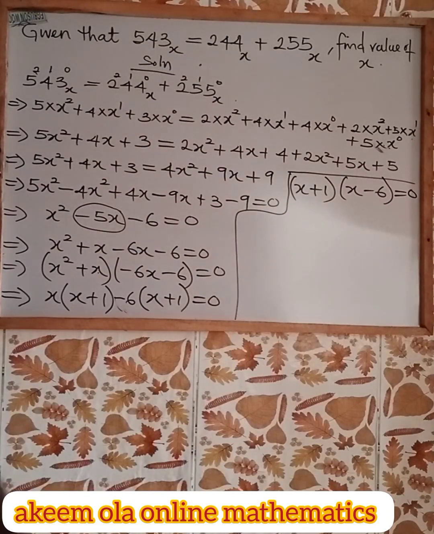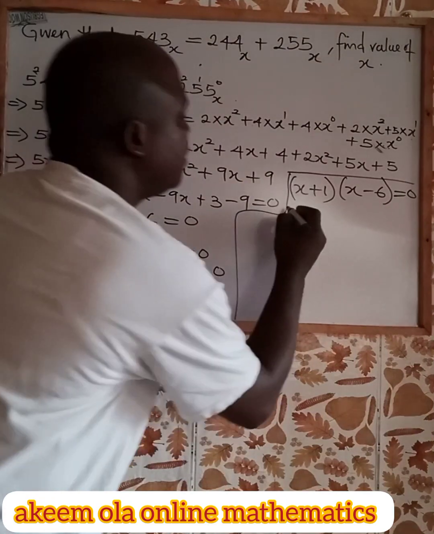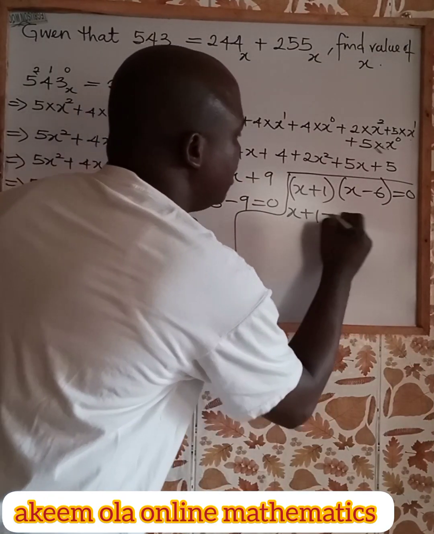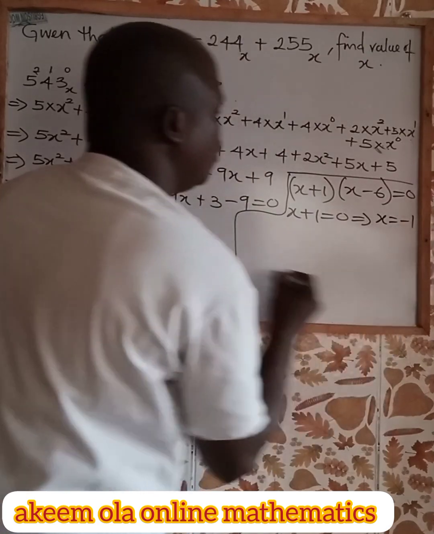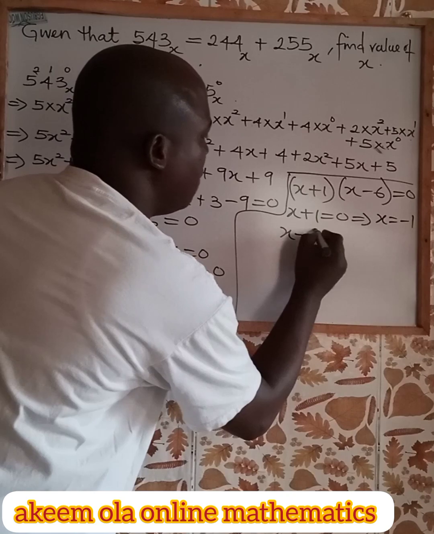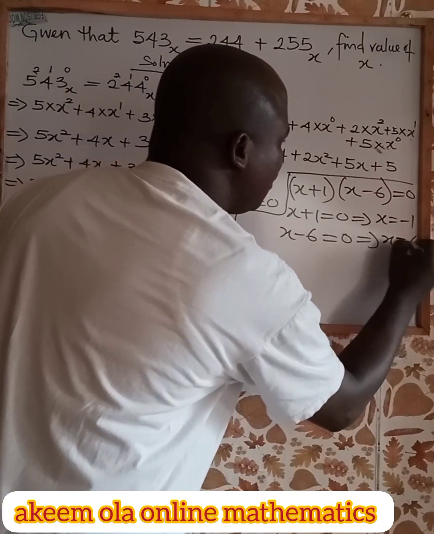Then we can equate each of them to 0. That means you have x plus 1 is equal to 0, this implies x is equal to minus 1. And you also have x minus 6 is equal to 0, this implies x is equal to 6.